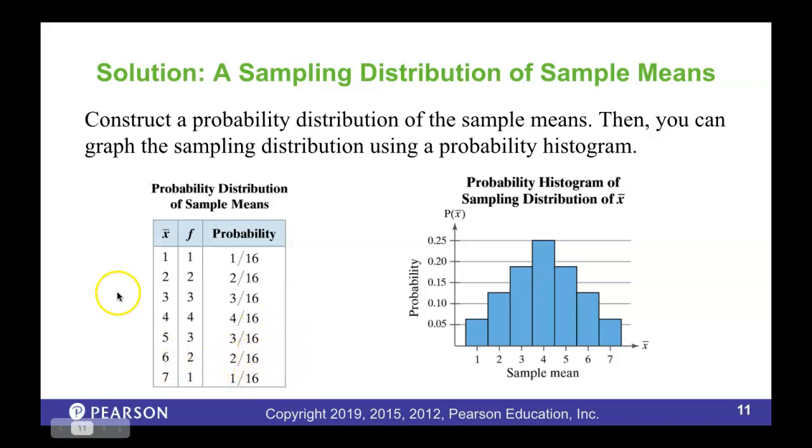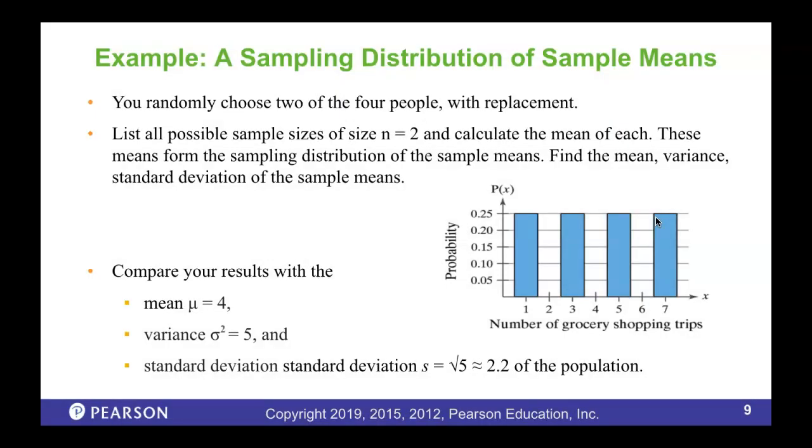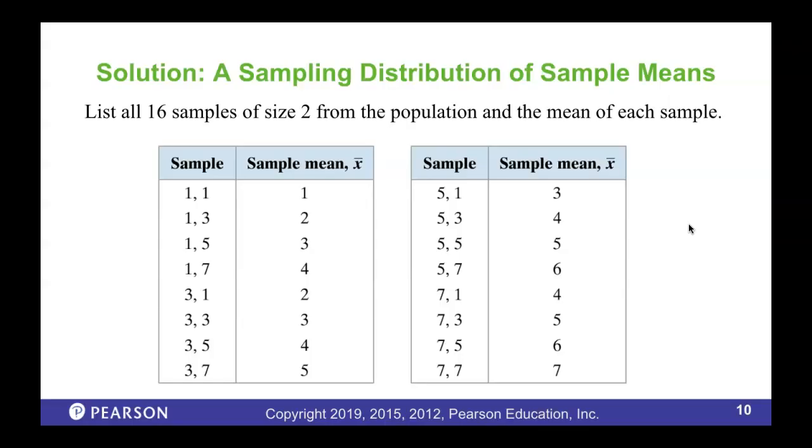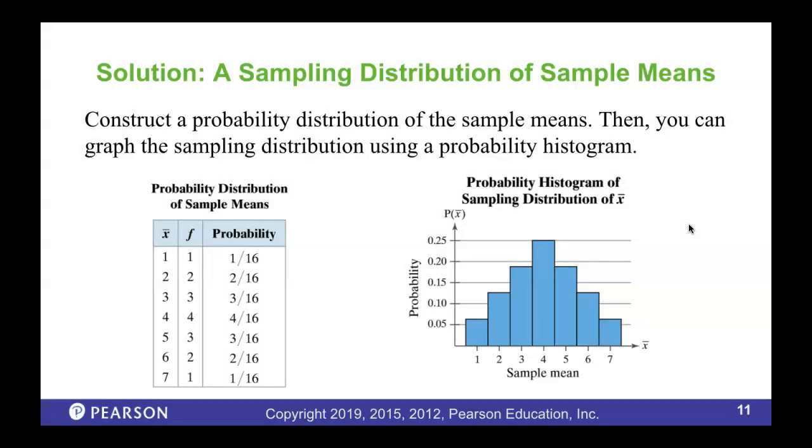So they created this probability distribution, and when you create a histogram, you notice how the sampling distribution of the sample mean is not really the same shape as the population distribution. You notice how the population distribution was uniform. The bars have the same height. But if we did the sampling distribution, you notice how this is actually more like a symmetric distribution, isn't it?